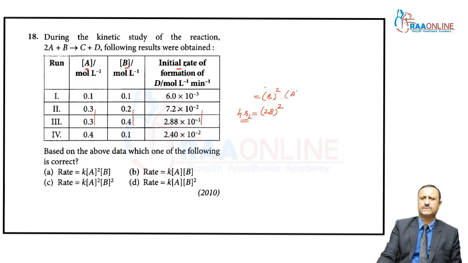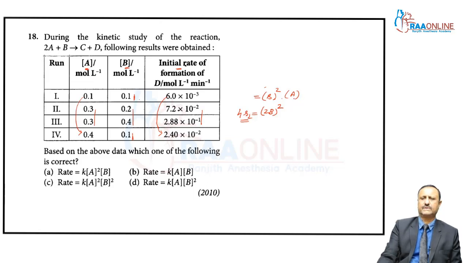Now we can see the order of reaction for A. The concentration of A is 0.1 in the first experiment, and in the fourth experiment the concentration of B is constant and the concentration of A is increased by 4 times. When the concentration of A is increased by 4 times, the rate is also increased by 4 times.